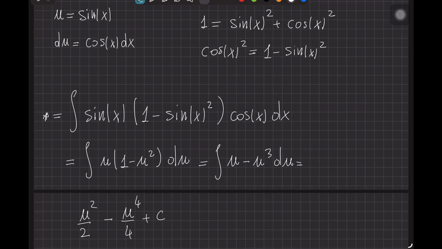And then I do have to remember that u is equal to the sine of x, so this becomes the sine of x squared over 2 minus the sine of x to the power 4 over 4 plus a constant.